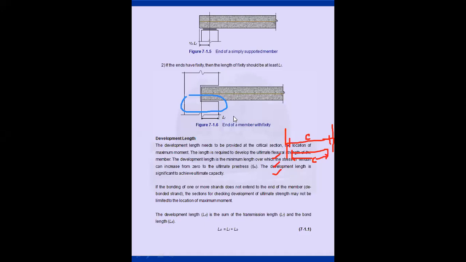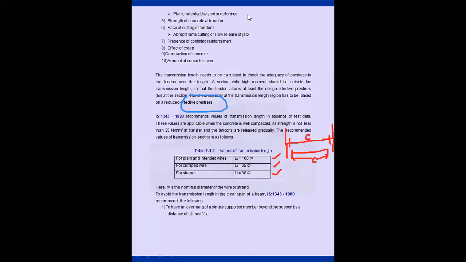After knowing the transmission length and the bond length, the summation of these two is the development length of the member in your beams. We will cover that in the next class. Any doubts related to the transmission length, you can ask me. We have only 2 minutes. Guys, any doubts? You can unmute yourself and ask.